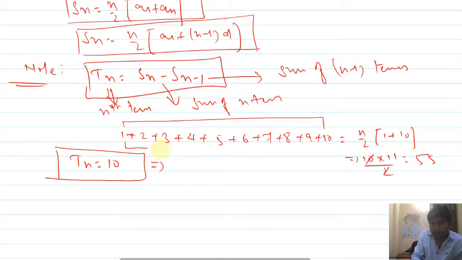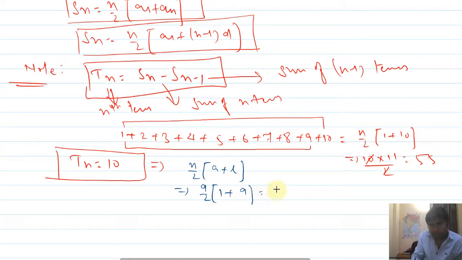If I add from 1 up to 9, here it is n by 2 times (first term plus last term). Here n is 9, the first term is 1 and the last term is 9, so 9 by 2 into 10, which cancels out to 45. So what is the formula?